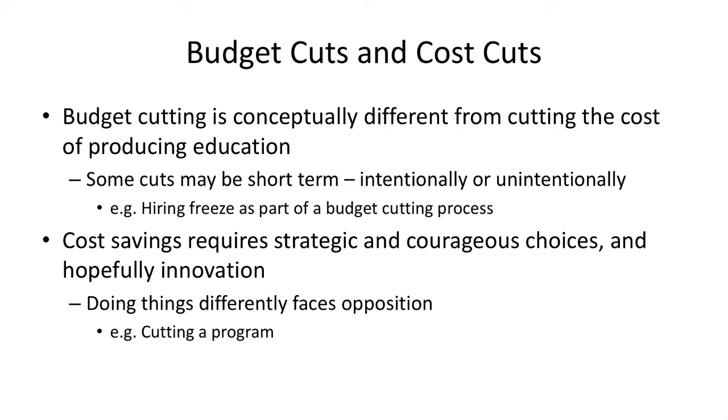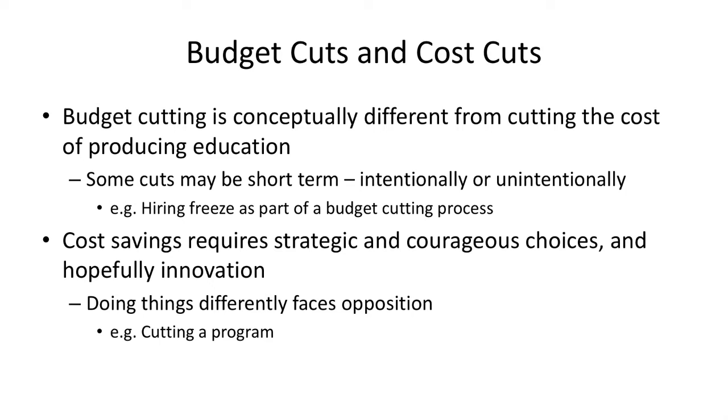But it's very likely that if we just do this hiring freeze where we use current openings to reduce our operational cost, that's not strategic, it's not a long-term cut, it's not an effective cut, it is an opportunistic approach to cutting budgets. And those short-term budget decisions are not likely to have long-term effects on the nature of college costs. So cutting budgets is not the same thing as reducing costs.